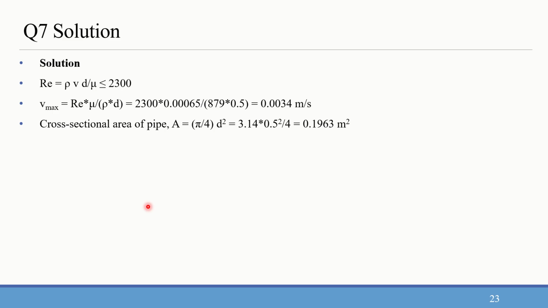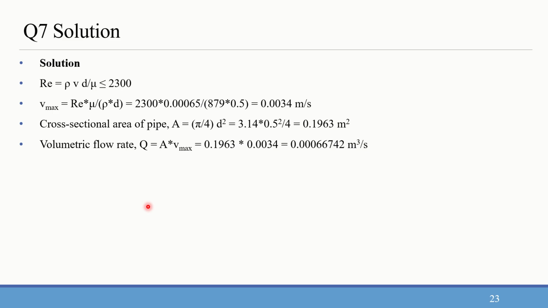Now cross sectional area we need to find. It is pi by 4 d square. So again pi by 4 into 0.5 square, which gives 0.1963 meter square. Next we need to find the volumetric flow rate.